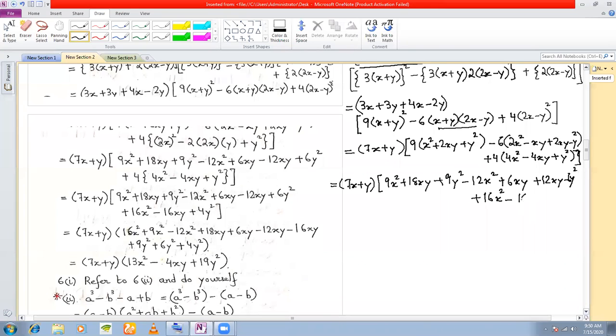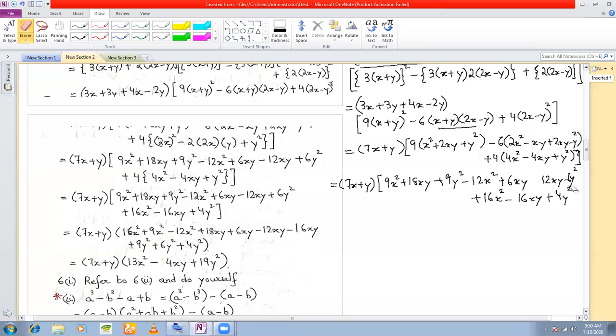minus 16xy here will be minus 12 plus xy, 4y square. Minus 12xy plus 6xy minus 12xy. Yes, minus 12xy. This is minus sign, minus 6xy. This should be plus, and this is minus.